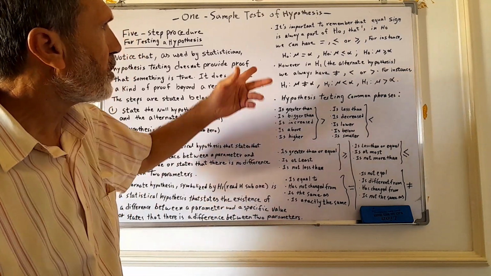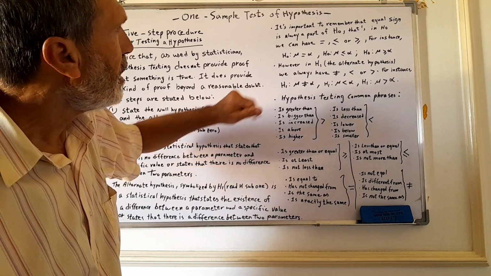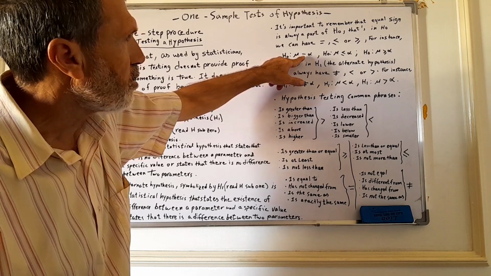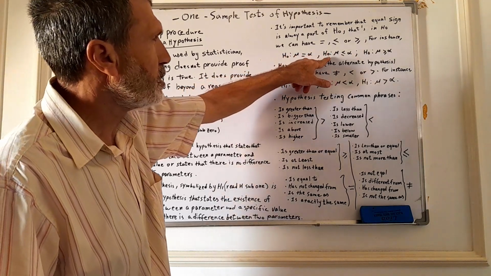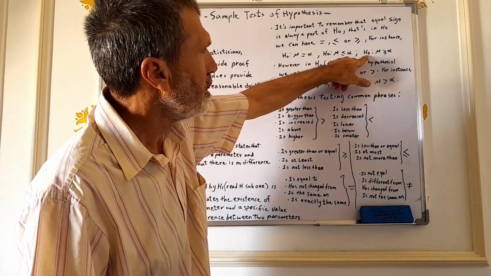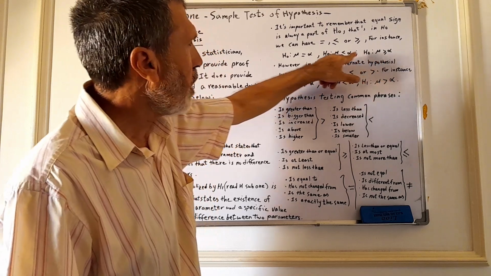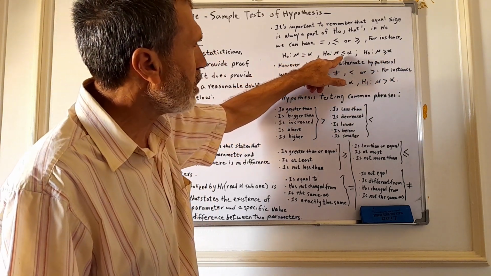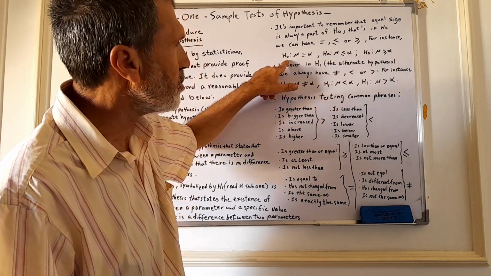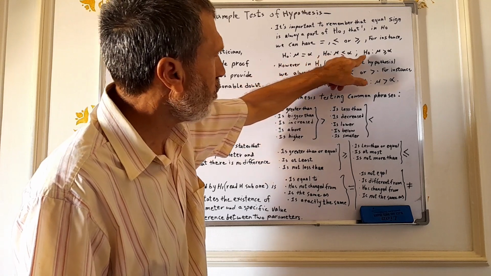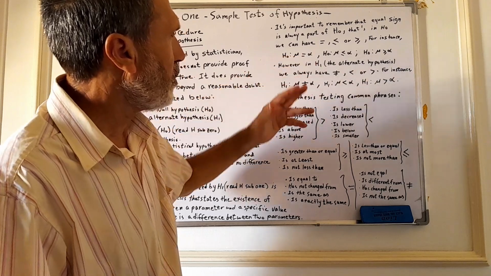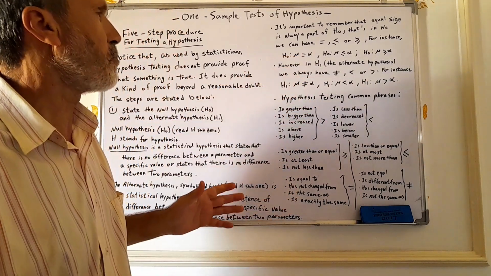So, for instance, H sub 0: mu, the mean, is equal to alpha, or H sub 0: mu less than or equal to alpha, or H sub 0: mu greater than or equal to alpha. As you can see, the equal sign is always part of H sub 0. So here we're talking about the null hypothesis.